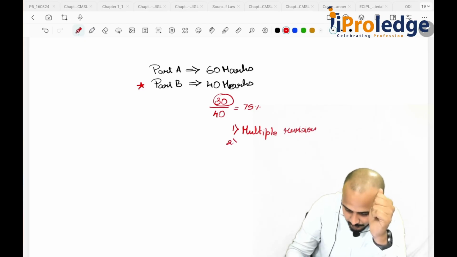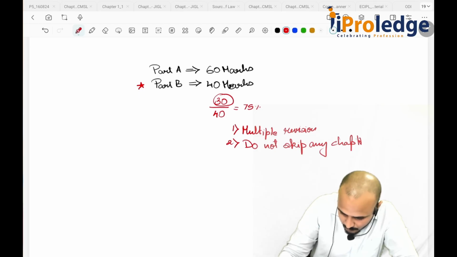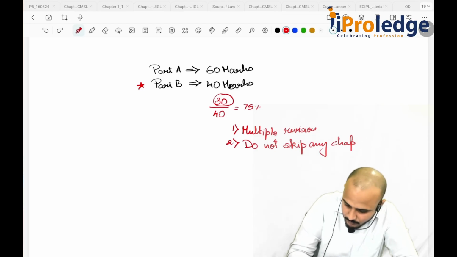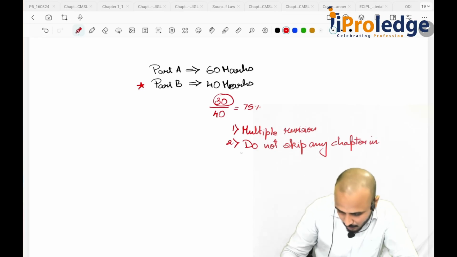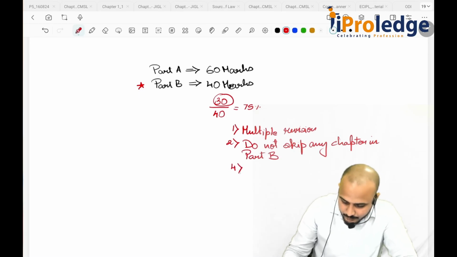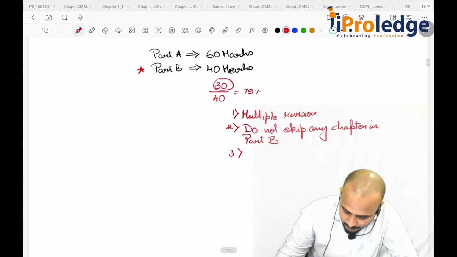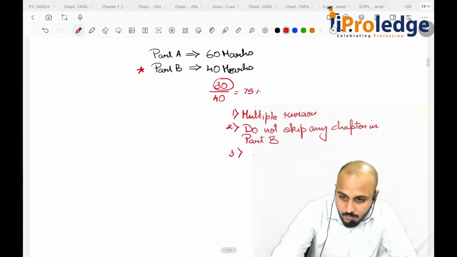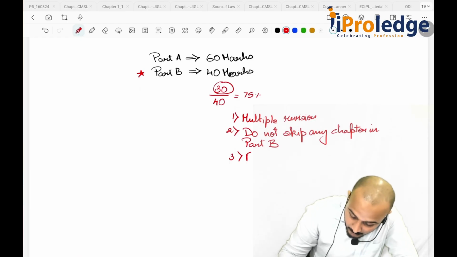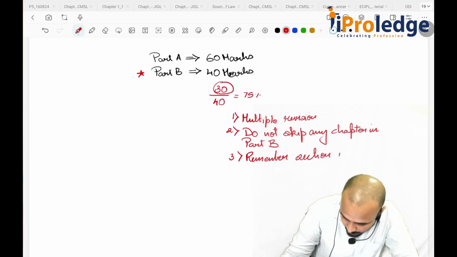Then second, do not skip anything in part B. Do not skip any chapter in part B. And remember section numbers really well.